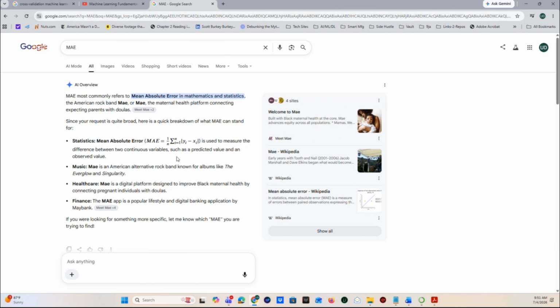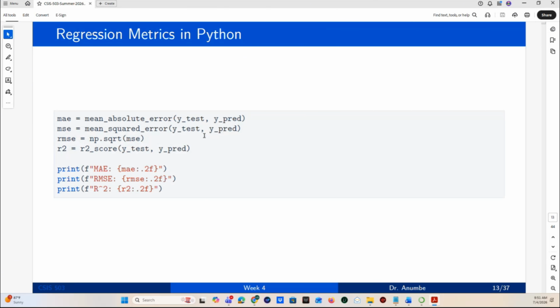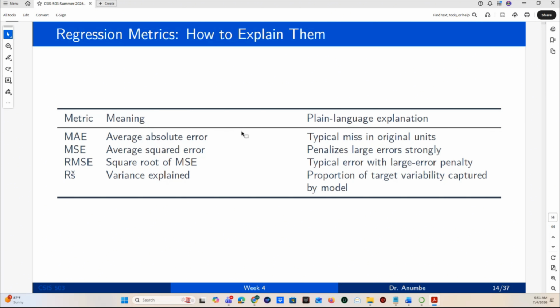So all of this is hard coded into the system as a function or some kind of method, which is now used here to get the results. You see the two things we are looking at in this case are your Y tested and your Y predicted. MSE, same thing.